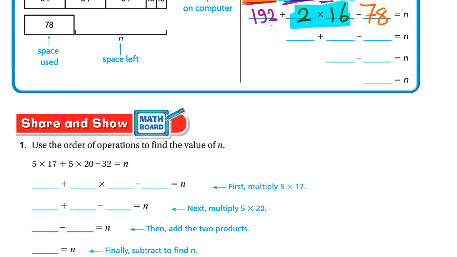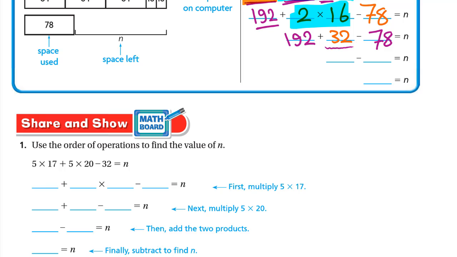So 192 is the first thing I should write, plus 2 times 16 in this space, and minus 78 equals n. What I should write here is 2 times 16. As we did before, it was 32.